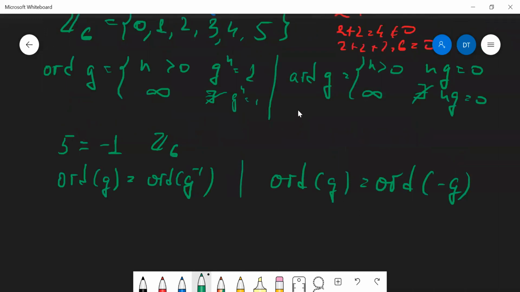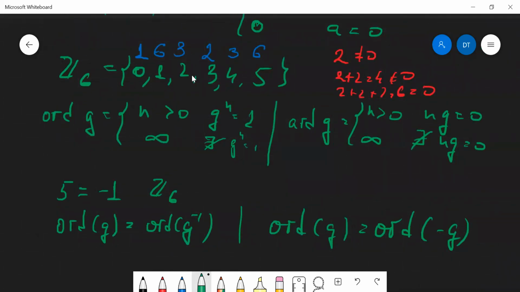Now, using this property, usually if you have some elements, the other half will be the inverses for the first half. Let's try to find the inverse elements for each element. What is the inverse for 0? 0. So it's inverse to itself. What is the inverse for 1? Well, I wrote it. It's actually 5.